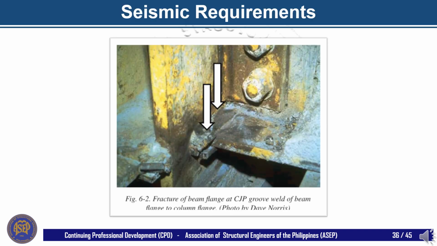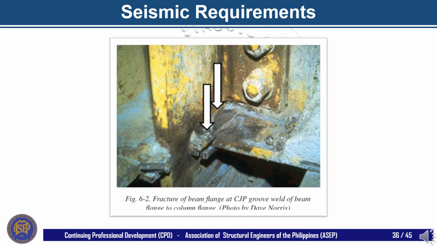For our last topic, let's talk about some basic seismic requirements in welded joints. Now, after the Northridge earthquake, brittle fractures were discovered in steel buildings. These fractures generally initiated near the CJP weld of the lower beam flange to the column flange.